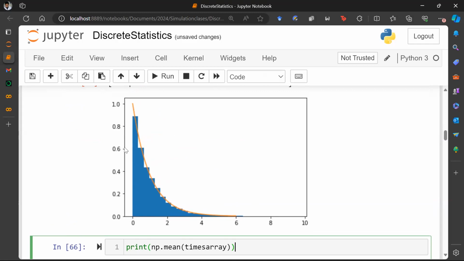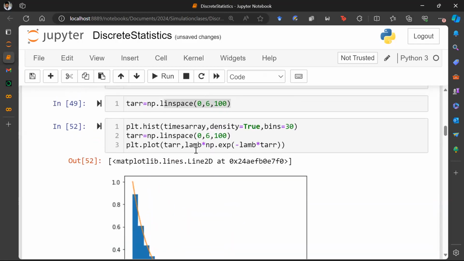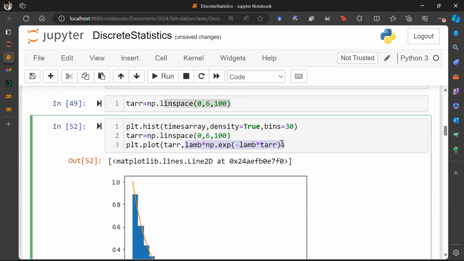So we can estimate the mean of this time. The mean, remember, is integrating the probability density function, or taking the average from this function. For those who like to refresh your mind, there are two ways I can estimate the mean.